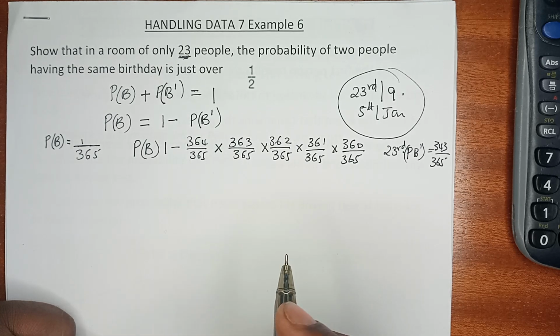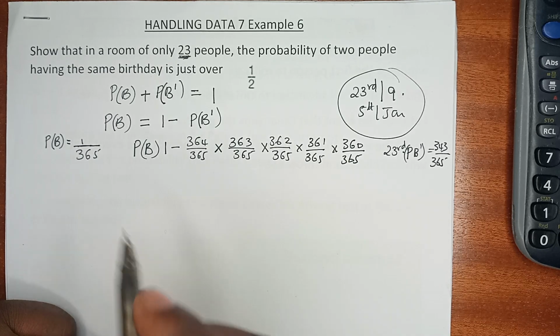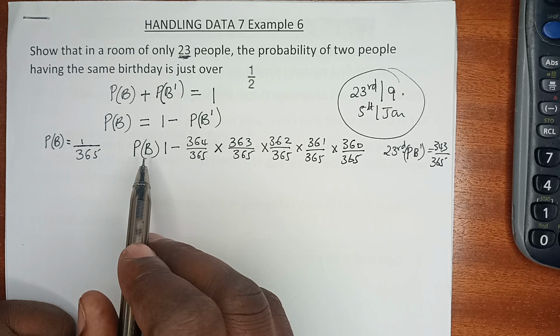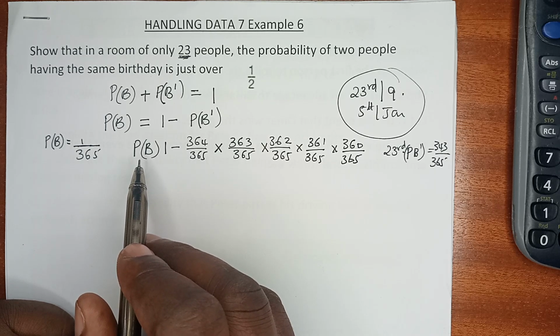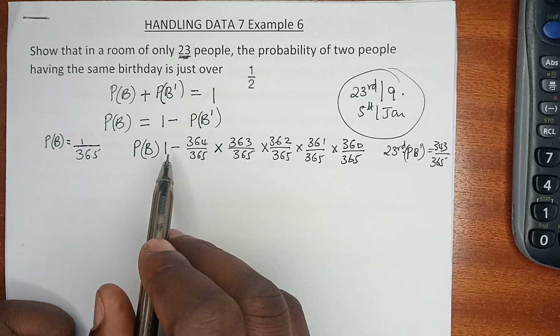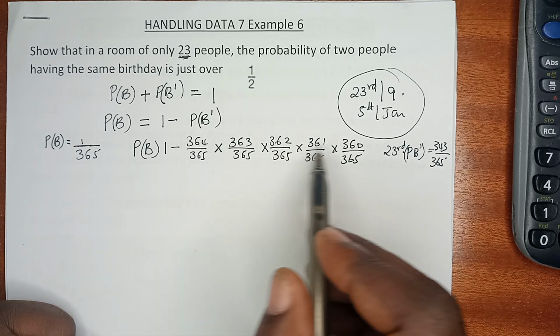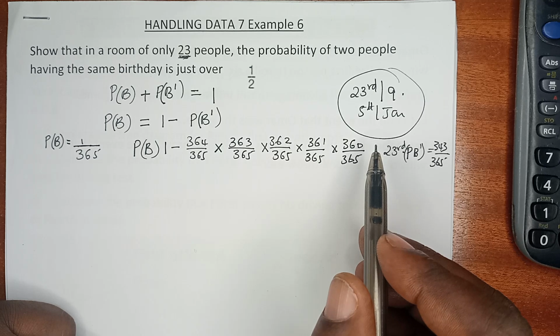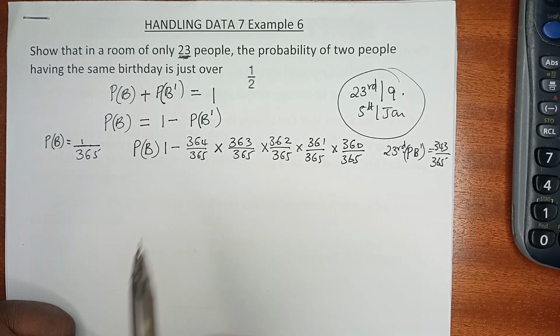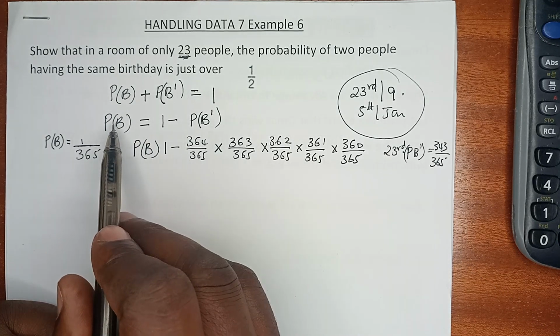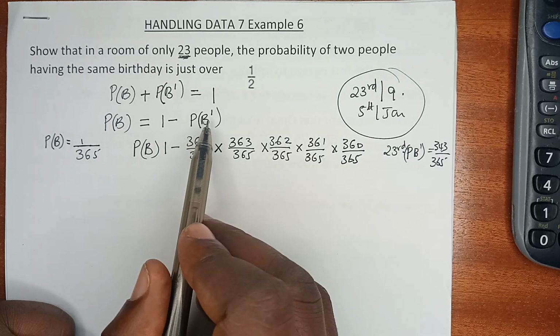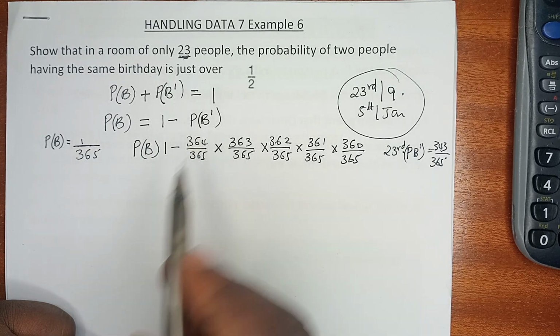Now, I would want to say this. This is the probability that at least any 2 people will share a birthday: 1 minus all the probabilities that none of them share the birthday. It means the probability of having a shared birthday is 1 minus the probability of not having one.